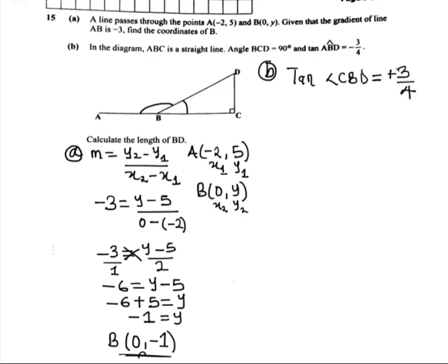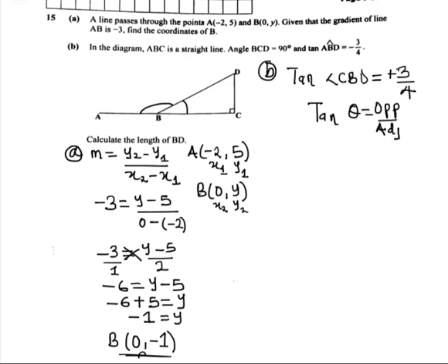This is simply because angle CBD is less than 90 degrees, and if we apply tan on angle CBD, this is going to give us a positive value, which is 3/4. Now we know that tan theta is equal to opposite over adjacent.